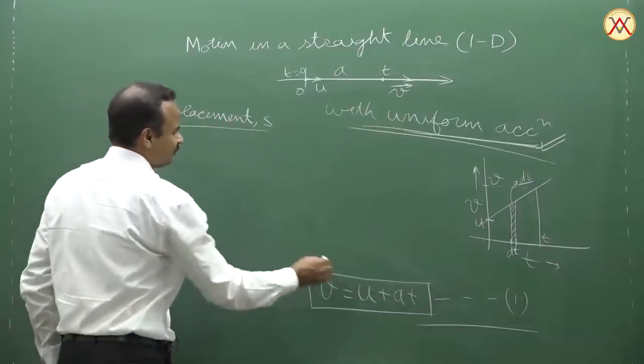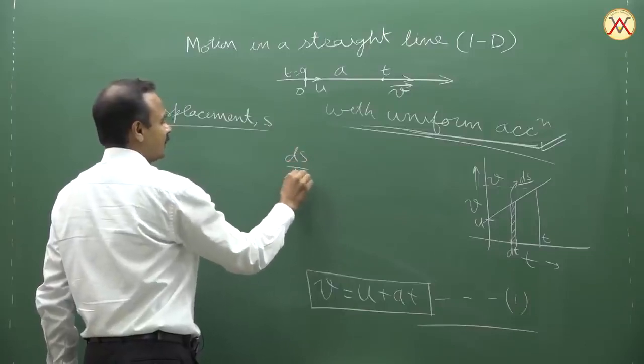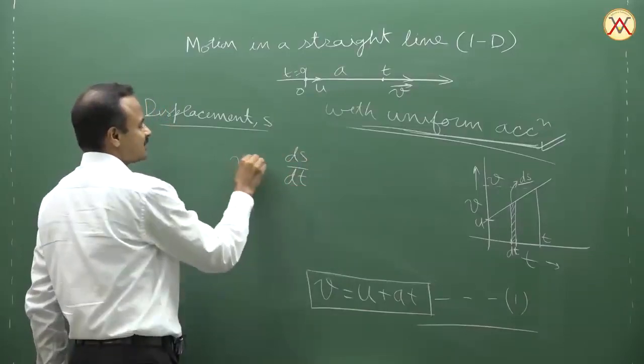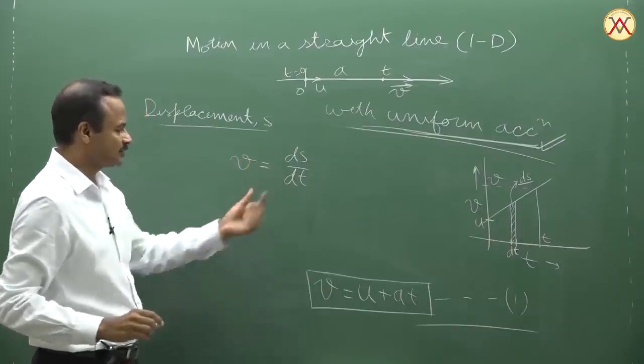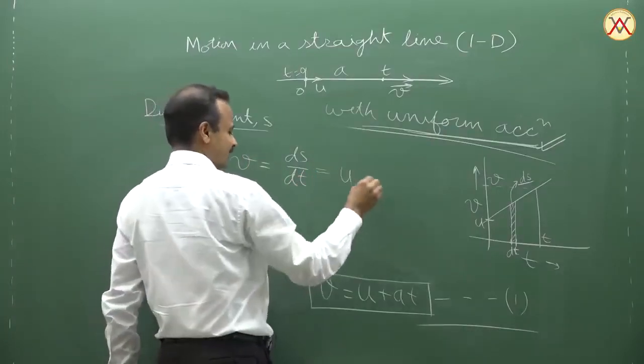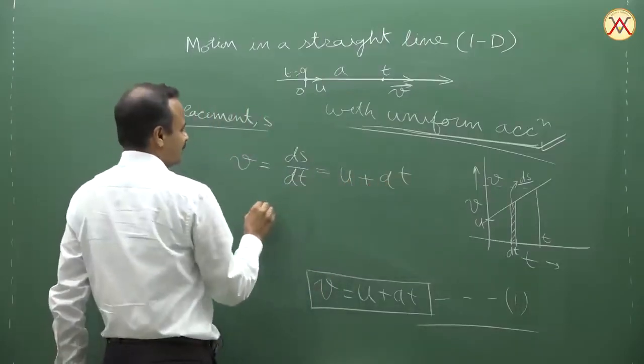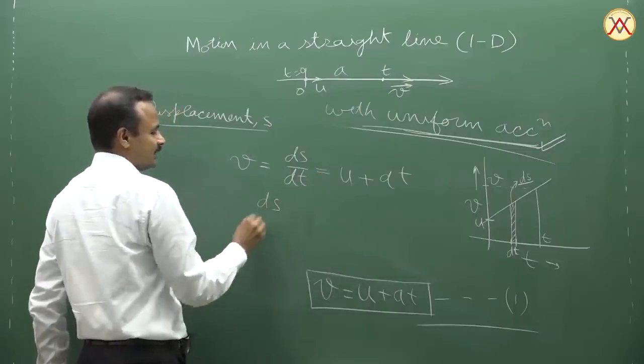So I replace v here by ds by dt. So v, which is ds by dt, velocity is the rate of change in displacement, can be written as, we know this is u plus at, and then we can separate the variables here.